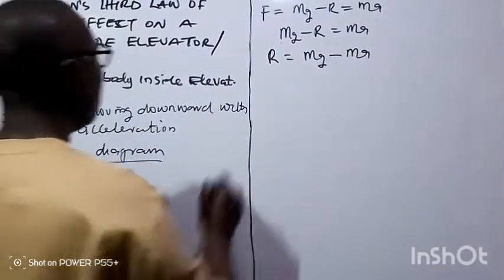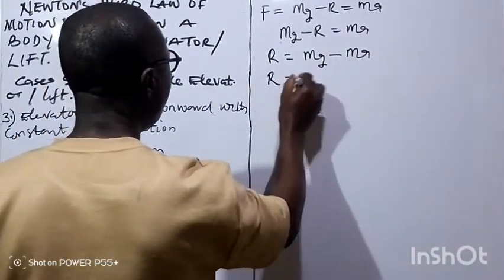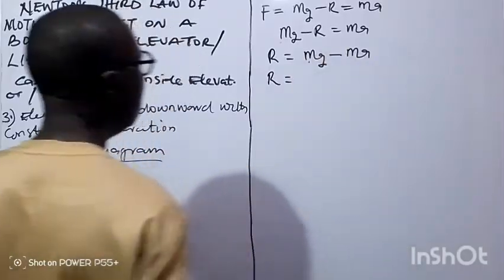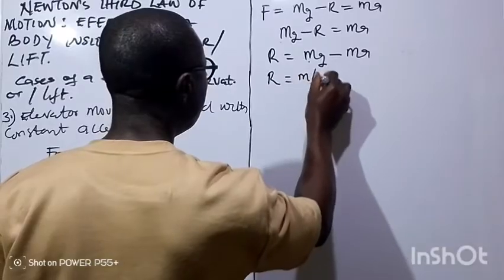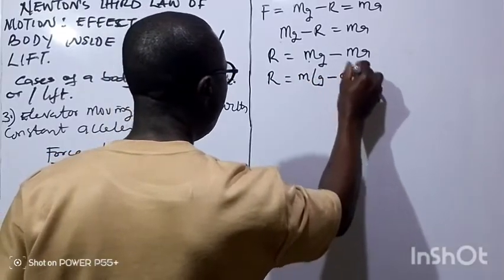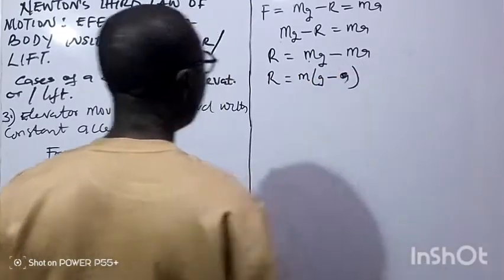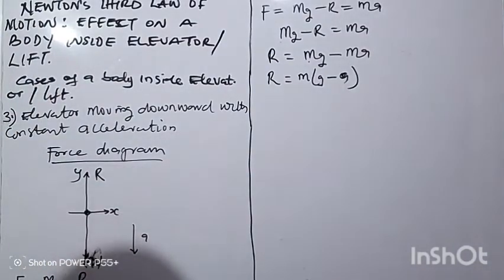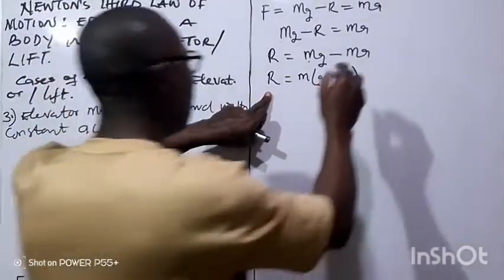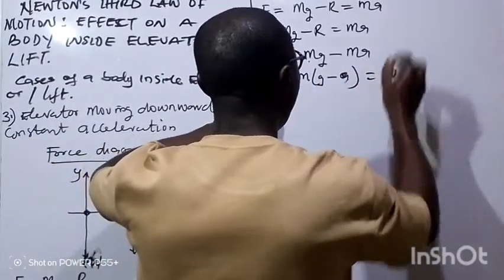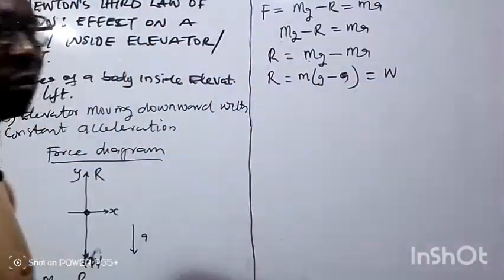So R will be equal to m, since the mass of the body inside the lift is the same, (g minus a). And to comply with Newton's third law of motion, this reaction will be equal to the weight of the object, which is the action.